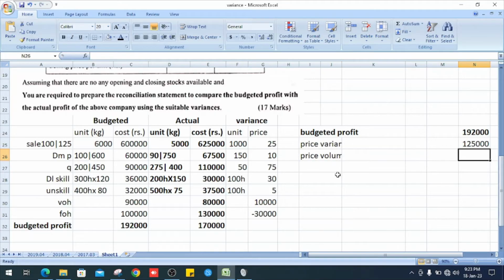Next, the sales volume variance is 1,000 units into our budgeted price, which is 100,000.